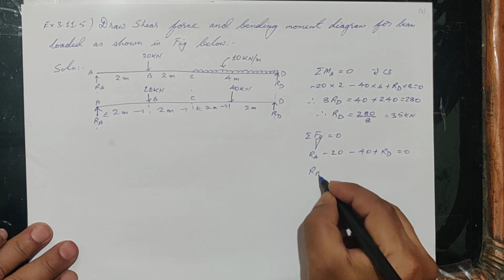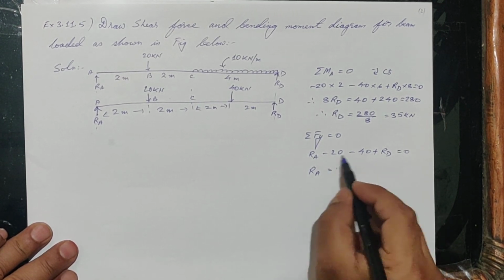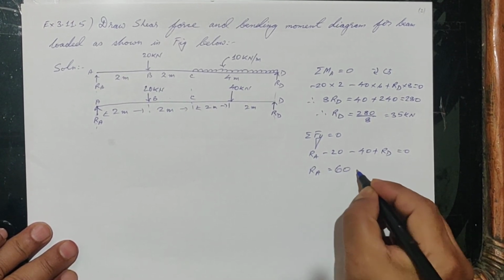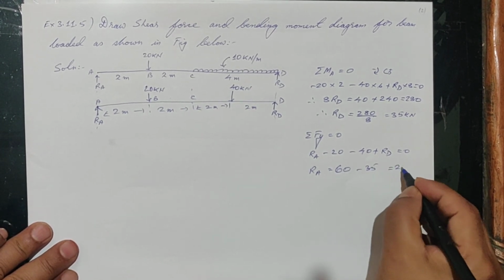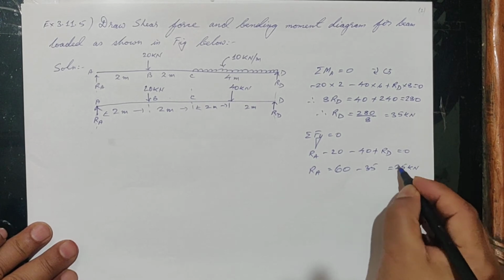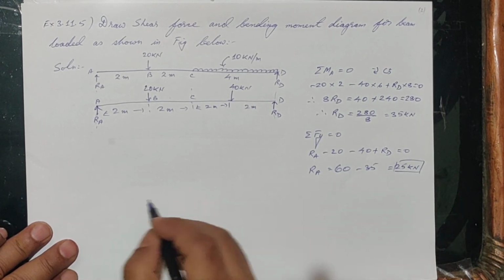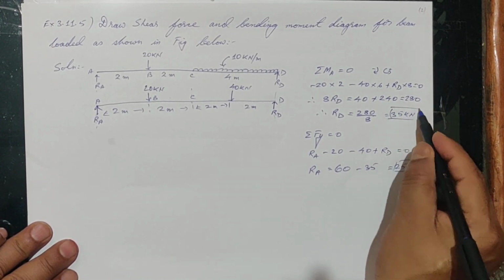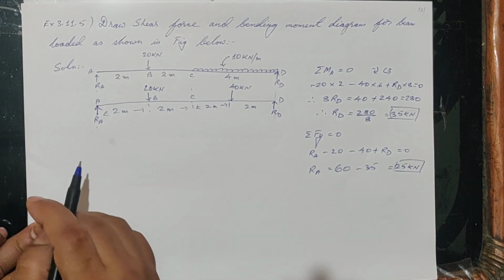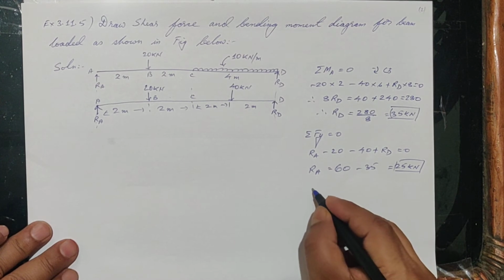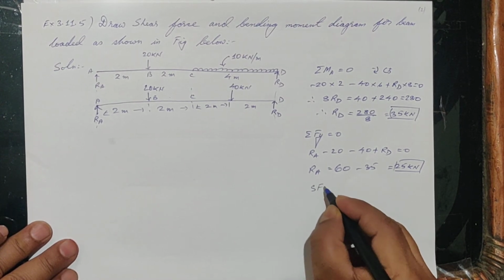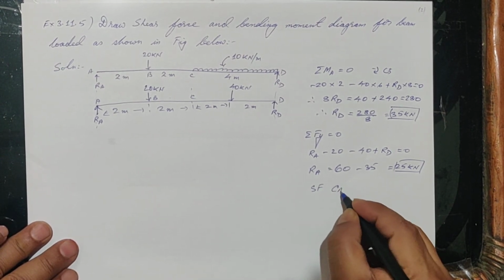So RA is equal to 60 minus RD, which is 35, which is equal to 25 kilonewton. RD is 35. So now we can take up the SF calculation.